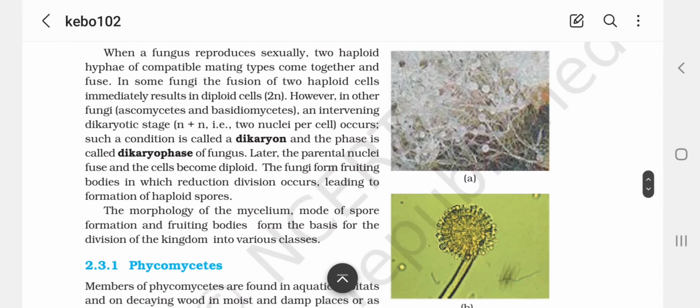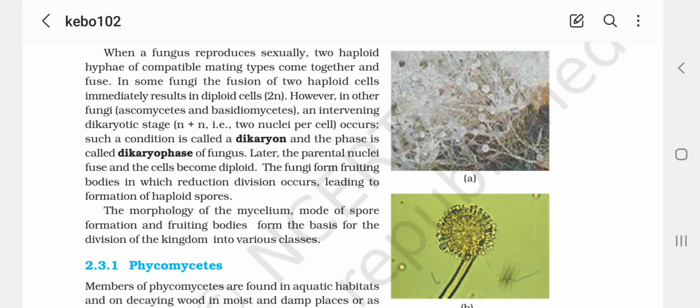When a fungus reproduces sexually, two haploid hyphae of compatible mating types come together and fuse. In some fungi, the fusion of two haploid cells immediately results in diploid cells, 2N. However, in other fungi, Ascomycetes and Basidiomycetes, an intervening dikaryotic stage, N plus N, that is, two nuclei per cell, occurs.